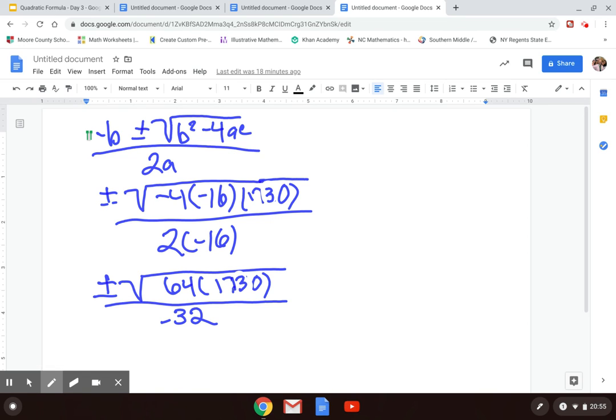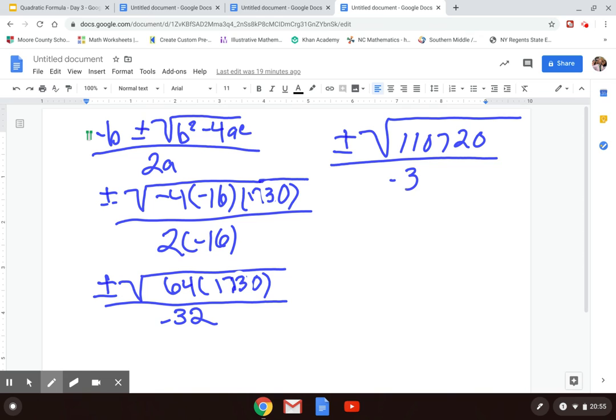Okay, so when I do 64 times 1,730, I'm going to end up with plus or minus the square root of 110,720, divided by negative 32.